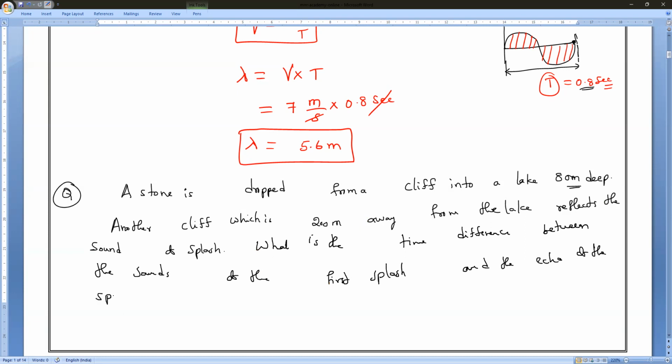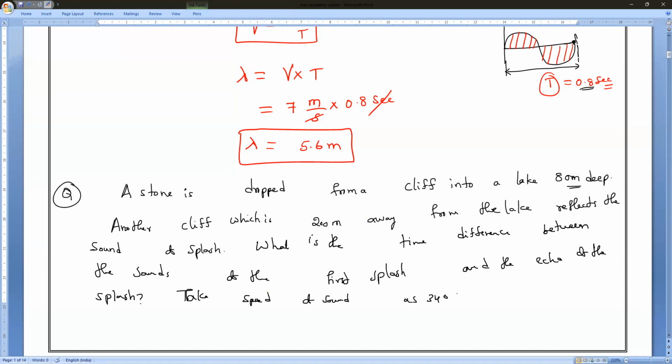Clear? Understanding the question has a greater role in physics as well as maths. How much you understand the question is the way you can solve it and get the correct answer. Without understanding the question you cannot solve anything.